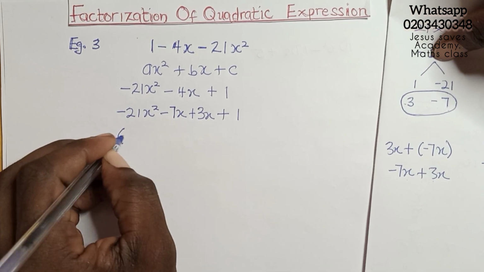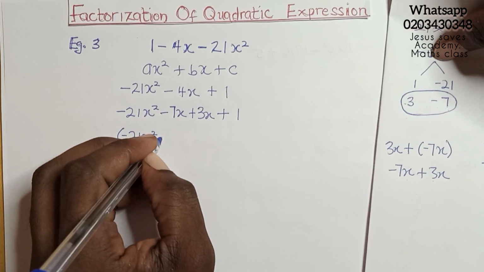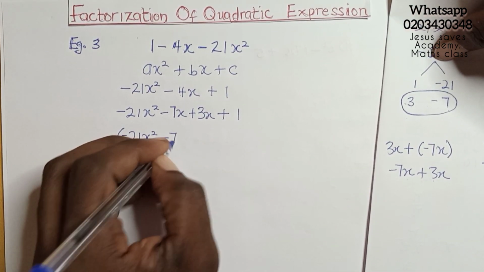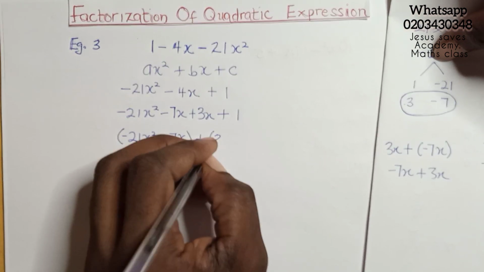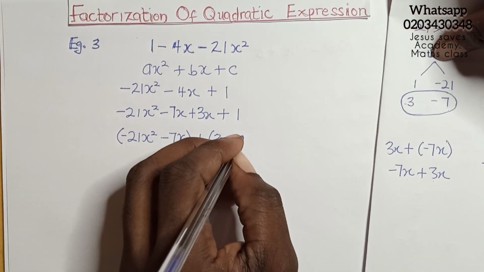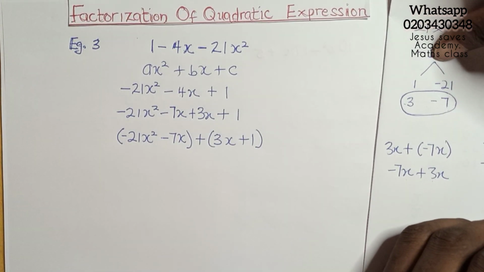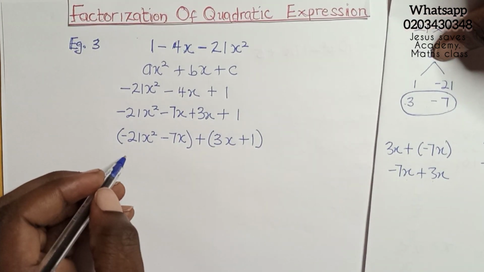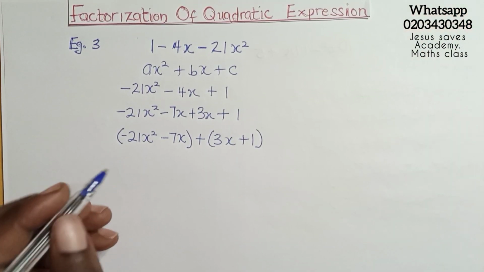We open a bracket and write negative 21x squared minus 7x, close, then plus 3x plus 1. Now we can start with the factorization.